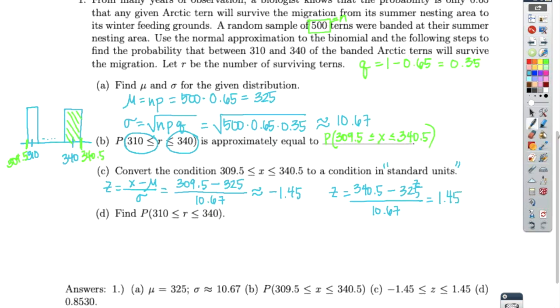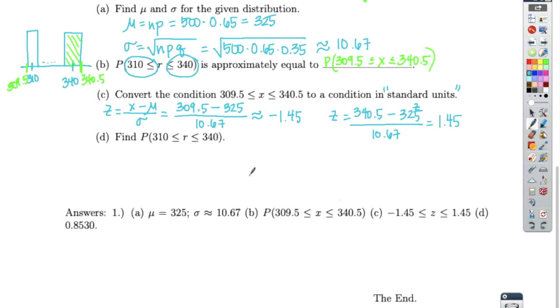So that tells me if I want to find the probability that the number of successes, R, is between 310 and 340, this is actually kind of like a 3-step process. The probability that R is between 310 and 340 is the same as, now I need to use a continuity correction because of those bars. I've already done this part.